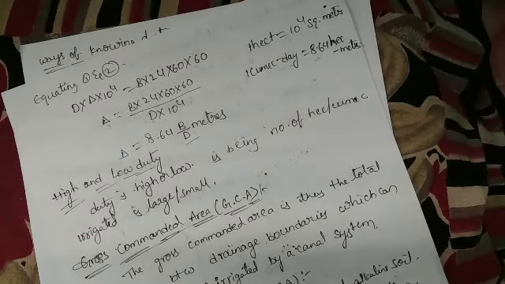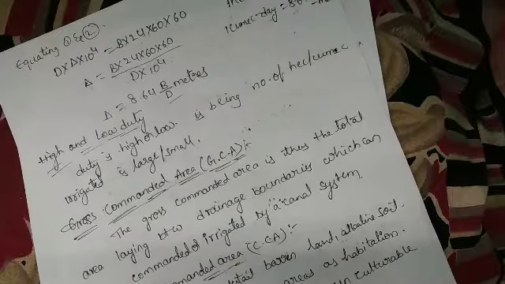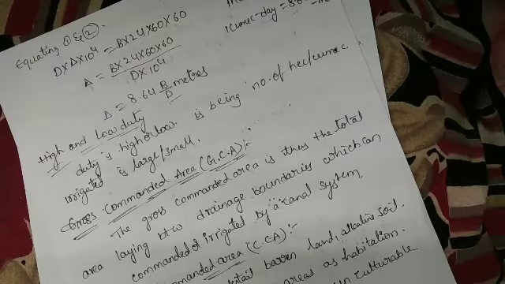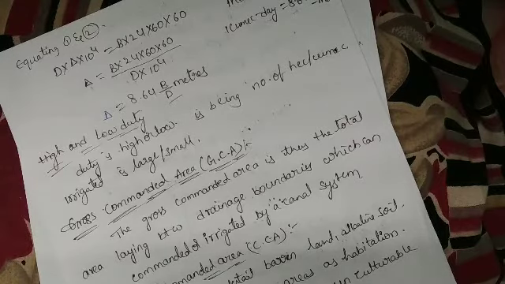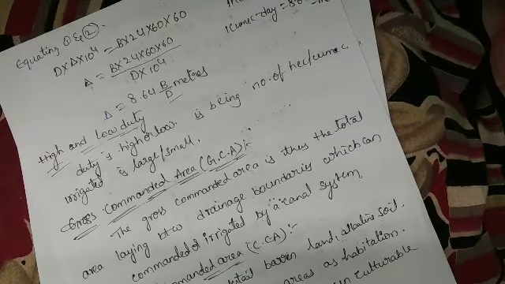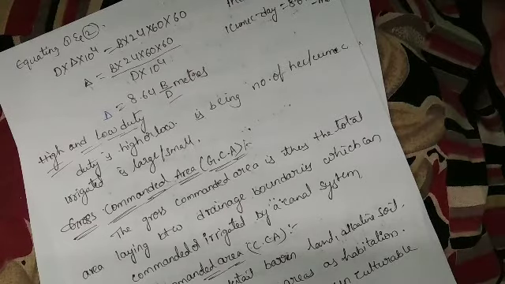Next topic: gross command area. The gross command area is the total area lying between drainage boundaries which can be commanded or irrigated by the canal system, but only within the boundaries of drainage.